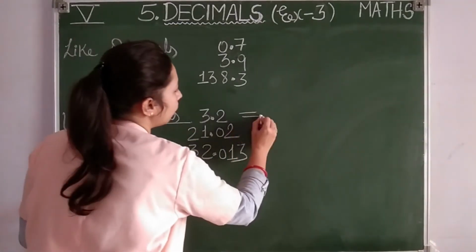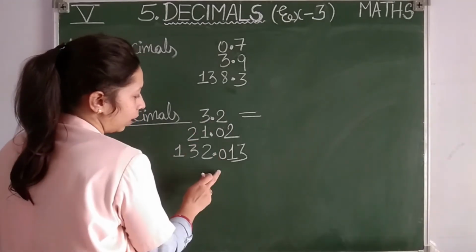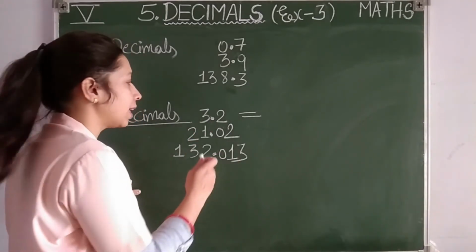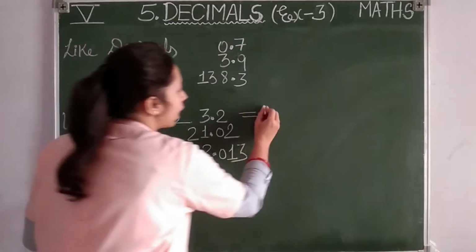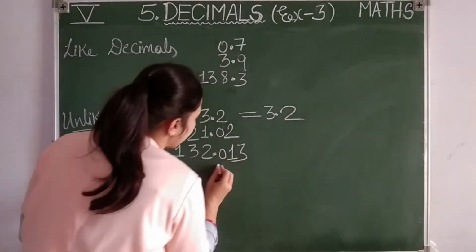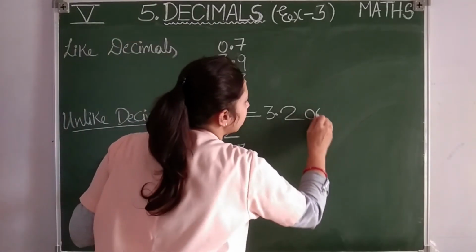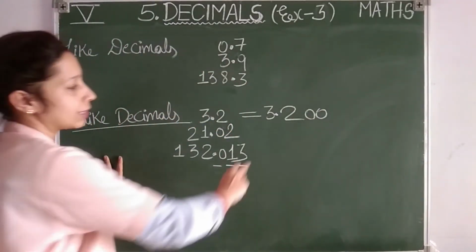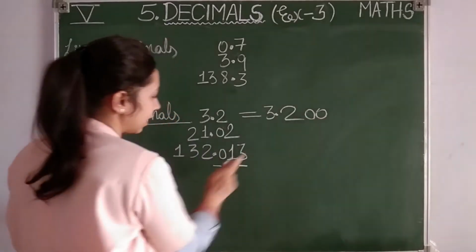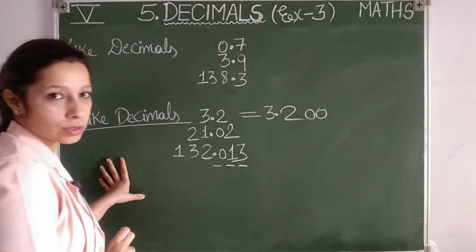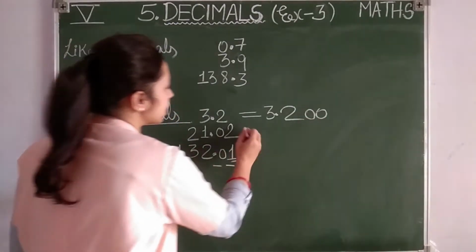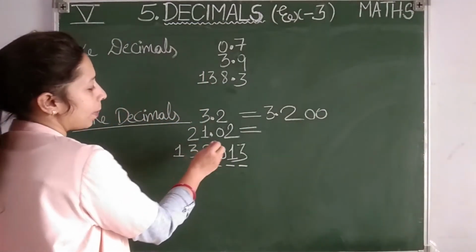How? See for 3.2, if I want to make it a like decimal, I'll write 3.2 and here I can see 3 places are there. Here only one place is there, so for the second and third place you can put 0, 0, students. Now see tenths, hundredths, thousandths, like this only. If we want to convert this to a like decimal, again see how many places are there.